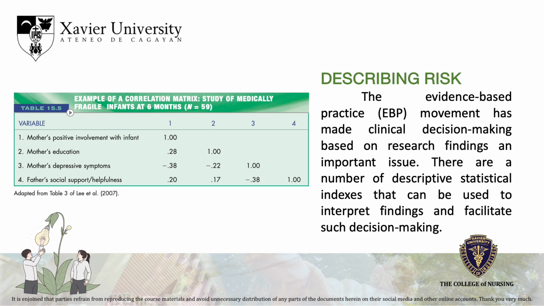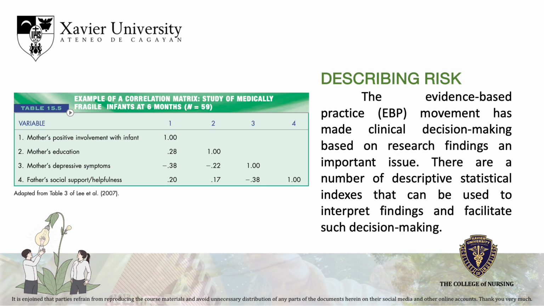Now, as we end the first part of our review for today, we have describing the risk. The evidence-based practice movement has made clinical decision making based on research findings an important issue. There are a number of descriptive statistical indexes that can be used to interpret findings and facilitate such decision making.